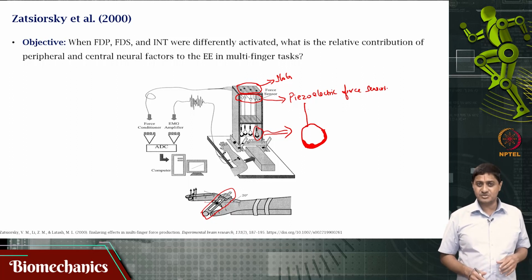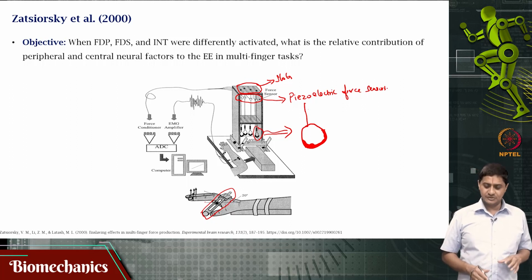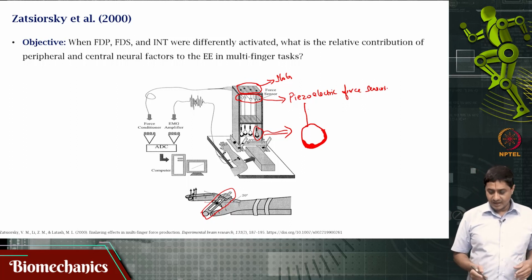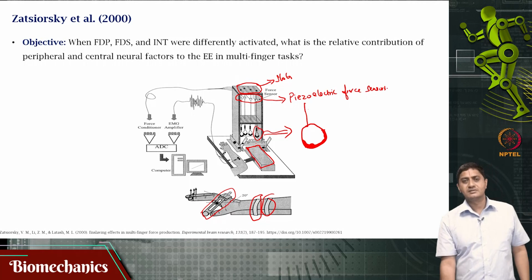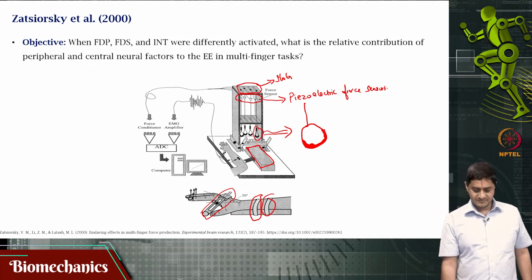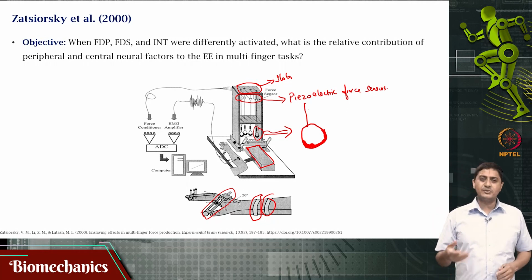So, the wrist contribution was minimized or absolutely arrested using this kind of a setup, and the participant's forearm was also tied to this wooden block using velcro strips. So, people could not produce force either with the forearm or wrist.